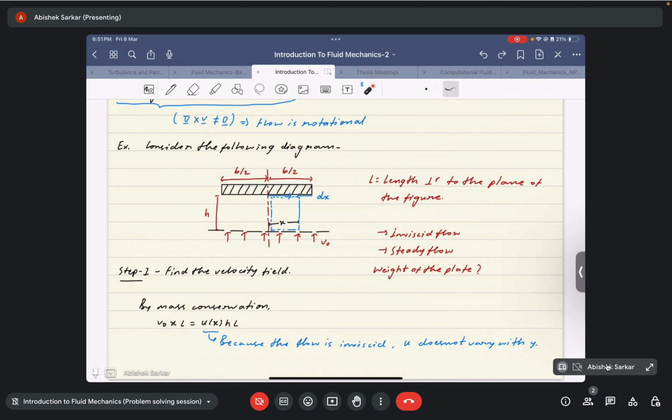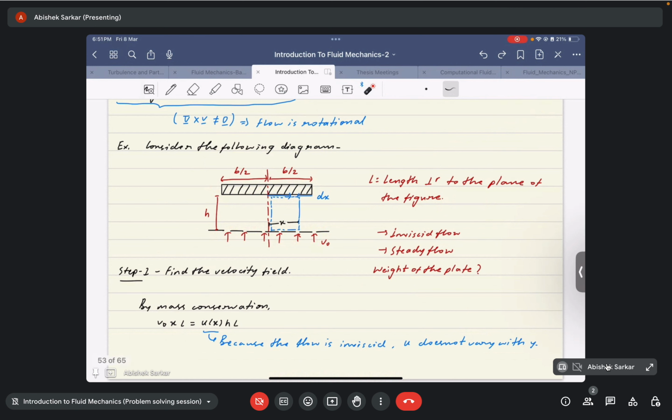It is given that there is a plate given by this rectangle, and this plate is placed here, and there is a flow that is being passed through these pores in the lower edge of the lower plate, where the velocity profile of this flow is given by v naught.